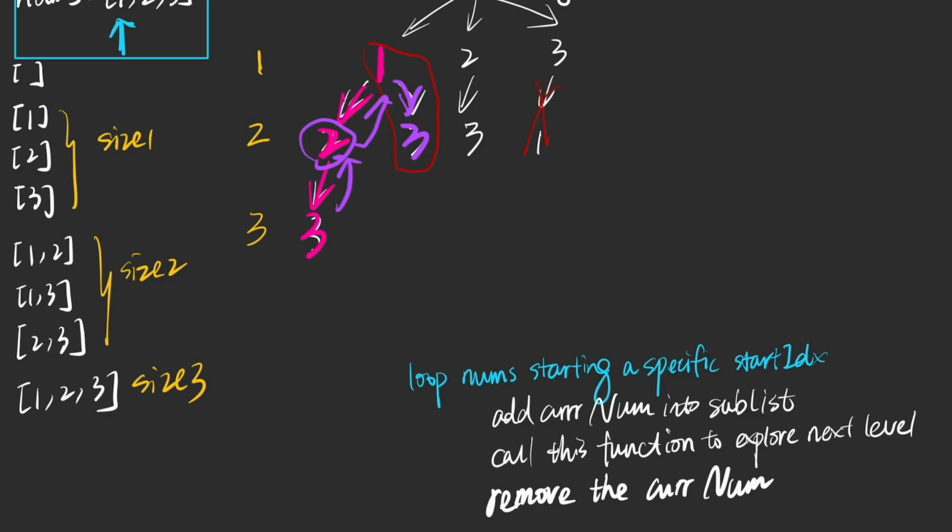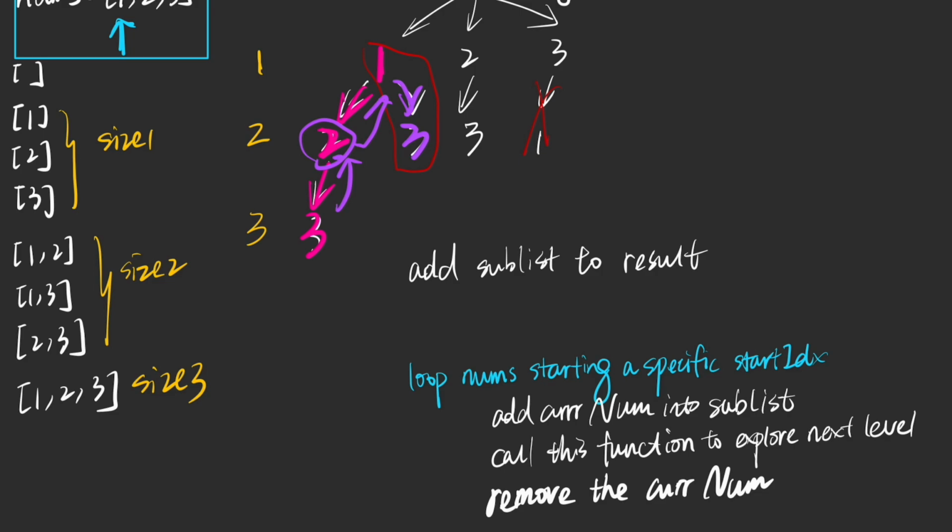Now how do we decide when to return? Because there is no specific size of the sublist, each time we travel to the current level, we start by adding the sublist to our result. For example, when we start at this 1, we don't care what the size is, we add this sublist to the result.